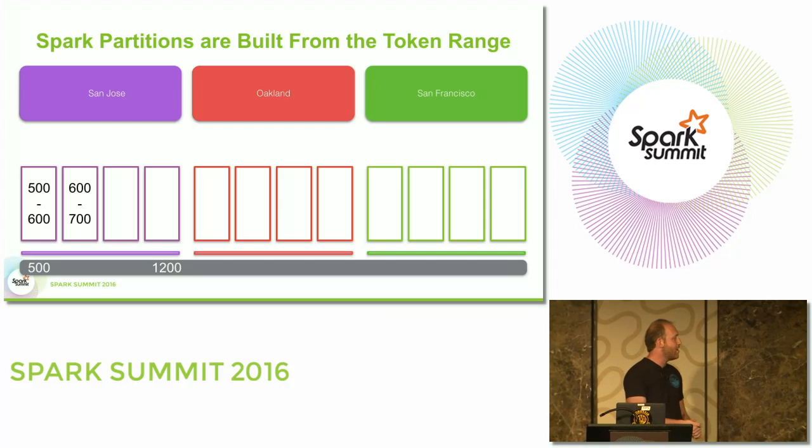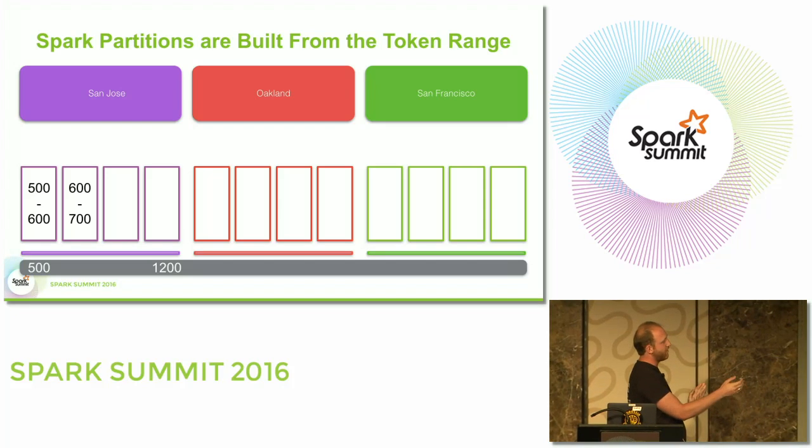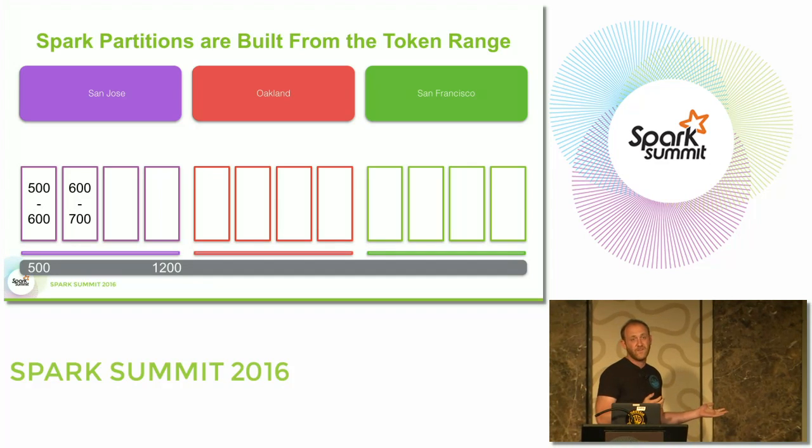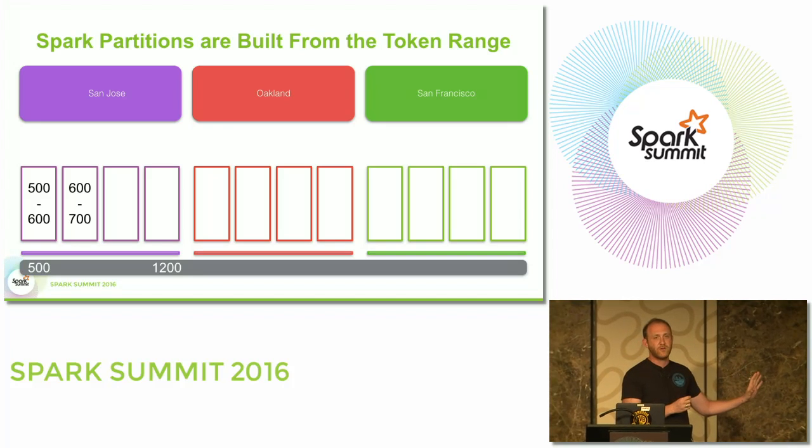So for example, we might break up all of those values that are owned by San Jose into 4 different partitions, where each Spark partition contains 100 Cassandra partitions. Now, in the real Cassandra world, our token range is actually 2 to the 63rd values, so it's much larger than this. But basically, this is what's going to happen under the hood.